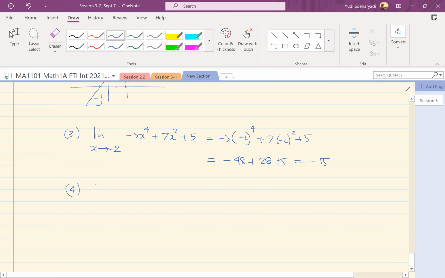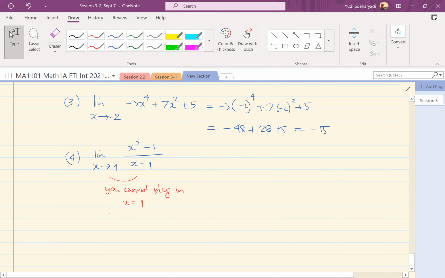For something that you cannot just plug in the number, for example, the one that we have earlier. Okay, so let me just comment here. Plug in x equals 1 because it is undefined at 1.